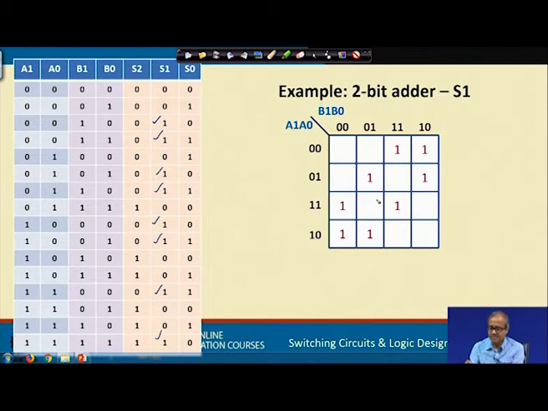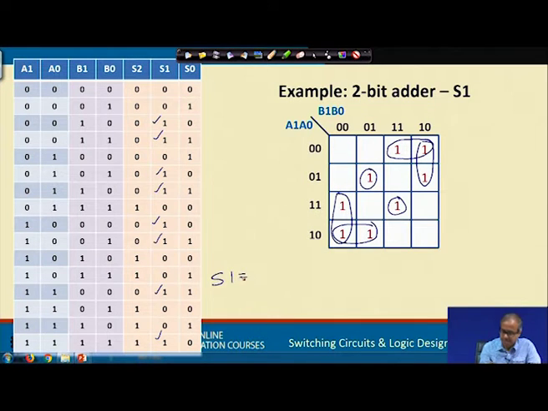So, you see here the cubes will be like this, you cannot minimize it too much: these two, then these two, then here these two, and these two are isolated ones, you cannot group them together. So, there will be 6 cubes. So, the expression for S1 will be slightly bigger.